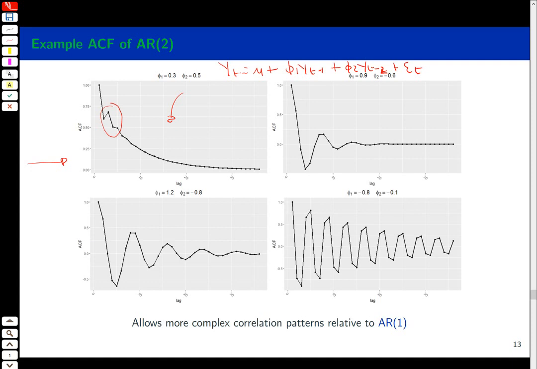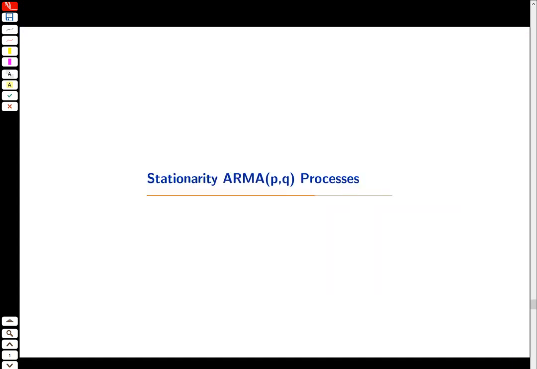This will be useful in practice, because when we look at the sample correlations, which we're going to talk about in lecture 3, let's say the sample correlations look a little bit like this, then it might suggest that the true process was an AR1 or something like an AR1. So this is why we do this, to give us a feel for what kind of correlation patterns different processes will allow. Okay, so that's it then on deriving the properties of an AR1.